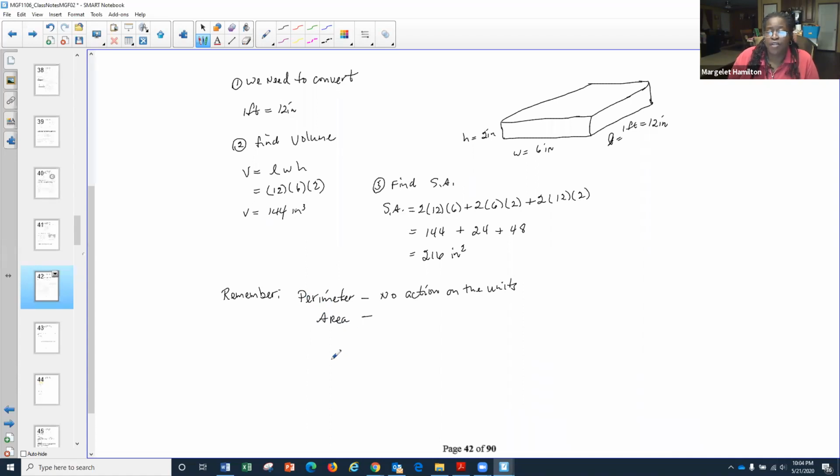So regular area, surface area, units are squared.